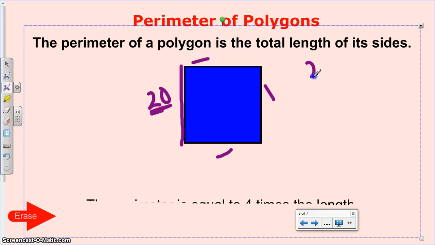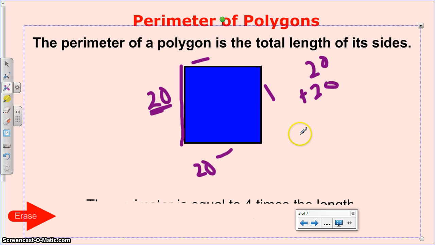So I would add 20 plus 20 and so on. I bet since you guys are great at multiplication, you can figure out that if all these sides are 20, what could I do to find the perimeter of this square?